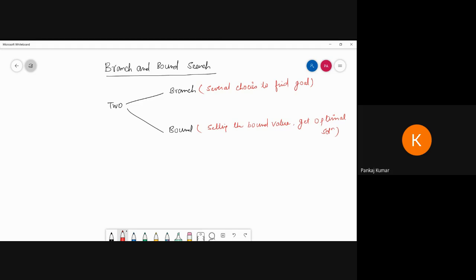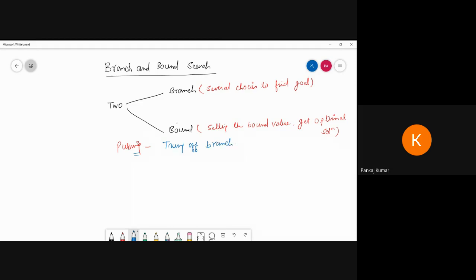And here we can also use pruning. The meaning of pruning is that we have to cut down, that means turning off the branch.